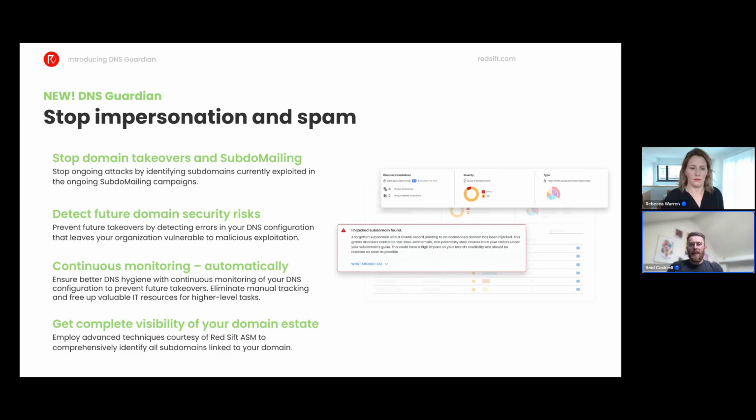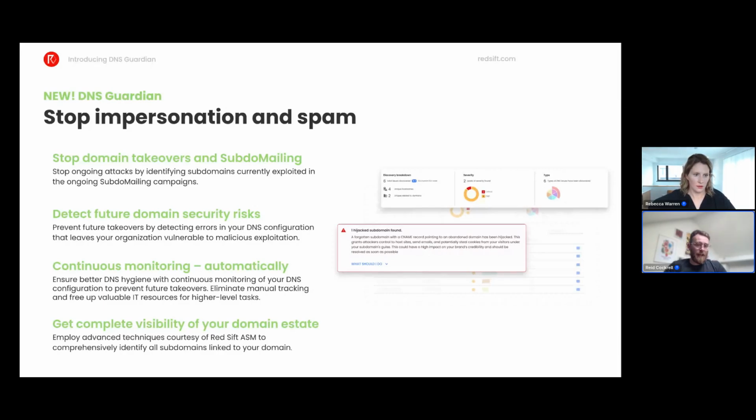What it also does is it allows you to detect future domain security risks. So you can prevent future takeovers by detecting errors in your DNS configuration and resolving them ahead of time to stop your organization being vulnerable to that sort of exploitation. So it's trying to move towards a much more proactive approach to domain security.